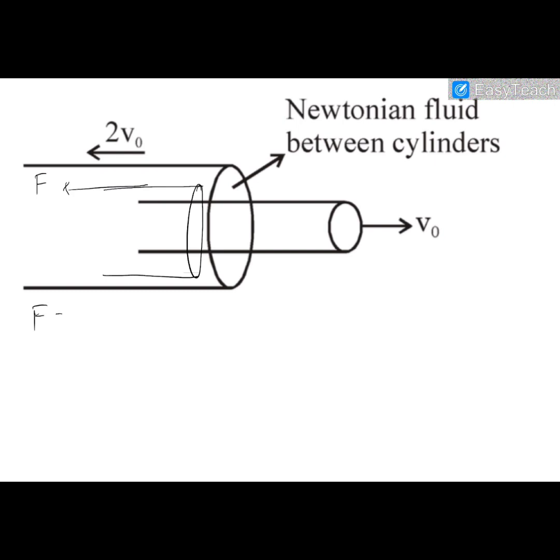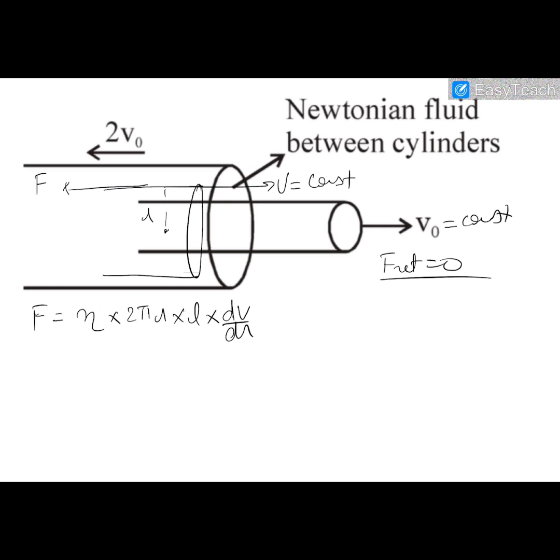This viscous force will be neta into area, which is 2 pi r, where the radius of this cylinder is small r, into L, its length, into dv by dr, where dv by dr is the velocity gradient with the radius. As all the velocities are constant, the net force on all the cylinders will be 0. So this force will be equal to the force which we have applied, F0.